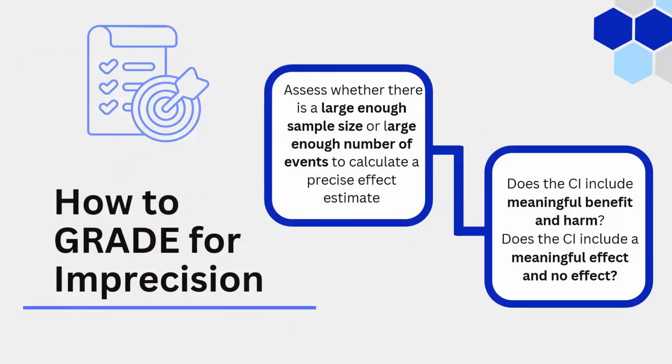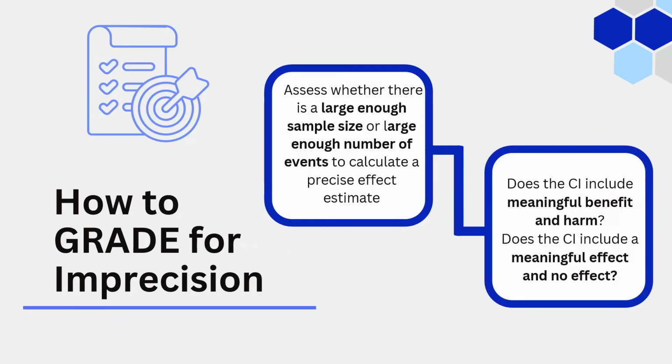For imprecision, what we are trying to understand is how close the outcome seen in this study aligns with the ultimate true difference. And so you want to understand how well you are actually estimating the true treatment effect.